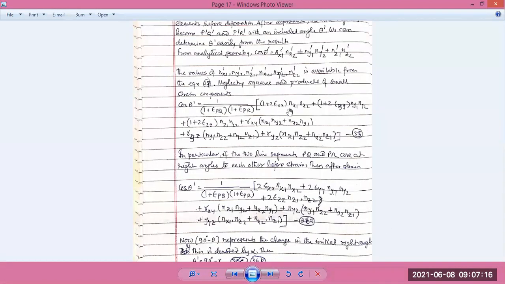So 1 plus 2 EX, NX1, NX2, etc. Now, in particular, here you see the lines are given in the original directions nx1, nx2, ny1, ny2, etc., but not with the dash itself. So this equation makes all these nx1 dash in terms of nx1, nx2, etc. This is very clear, I need not explain it again.